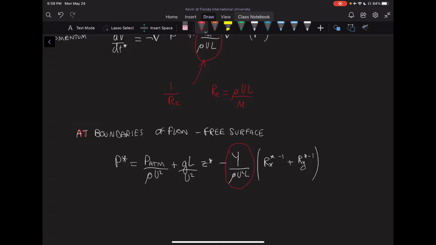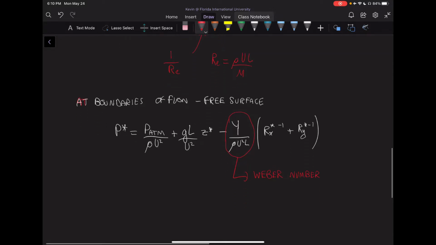This number here is called the Weber number. And the Weber number is actually the opposite, so it's 1 over the Weber number. The Weber number is rho u squared L over Y, capital Y, and this capital Y is actually surface tension.